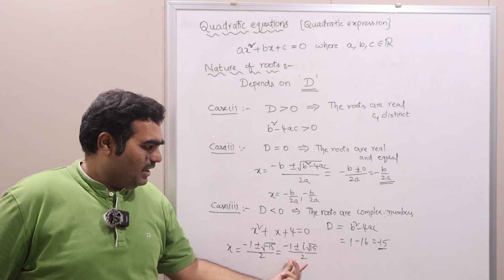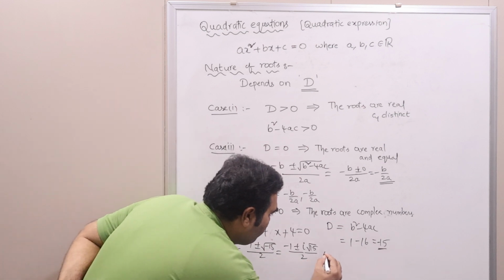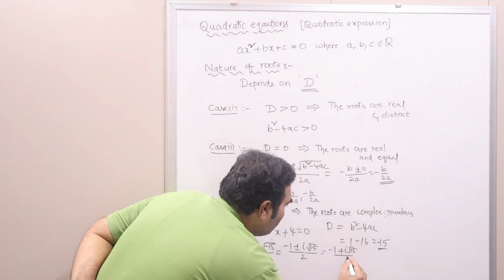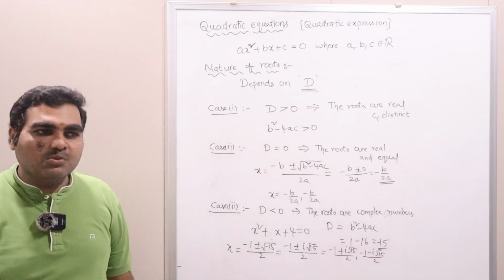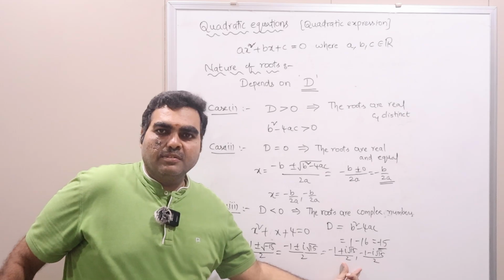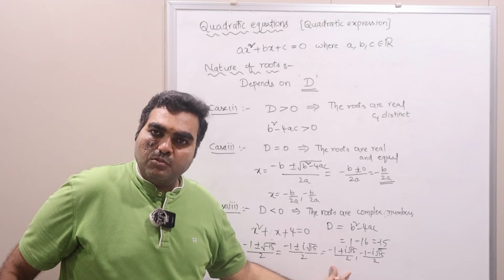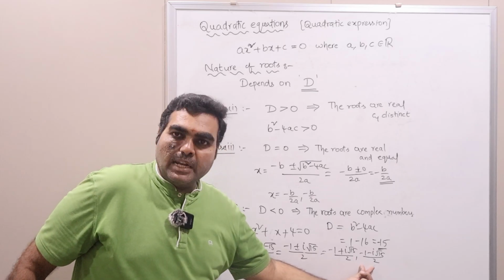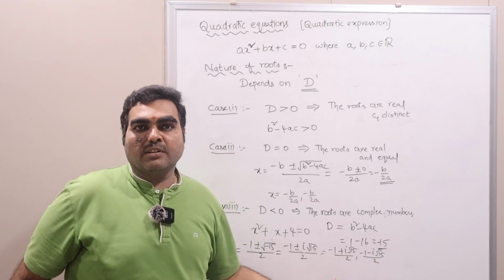Here you can even see the roots are minus 1 plus i square root of 15 by 2 and minus 1 minus i square root of 15 by 2. Clearly the roots are complex conjugates.